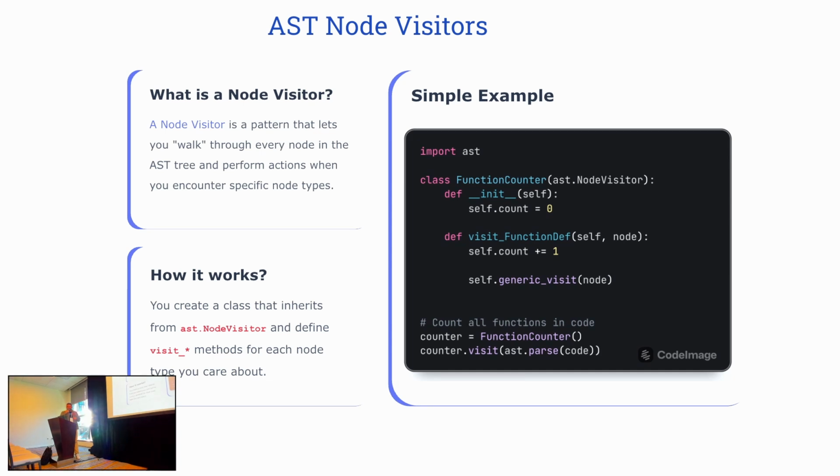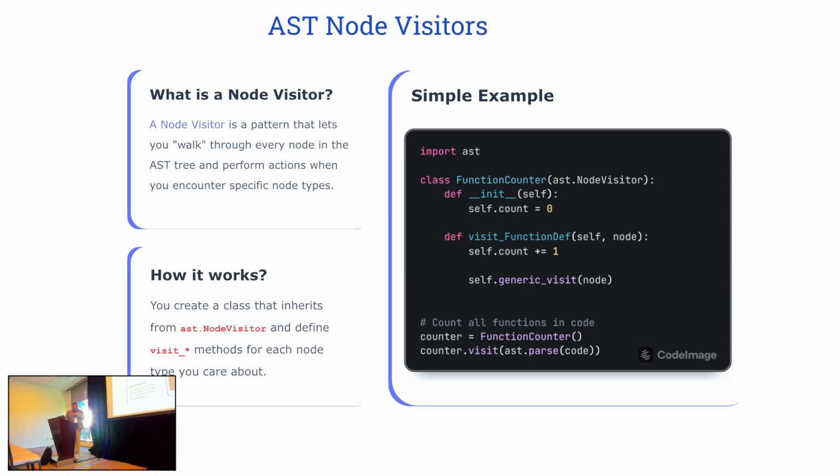When we override it, we know that we are traversing the tree and we just got to a function definition node. Since we know we got to a function definition, we can increase the counter by 1 and call generic visit to continue visiting other child nodes. That way, we can traverse the entire tree, and when we are done, we get the result we want, which is the number of function definitions.